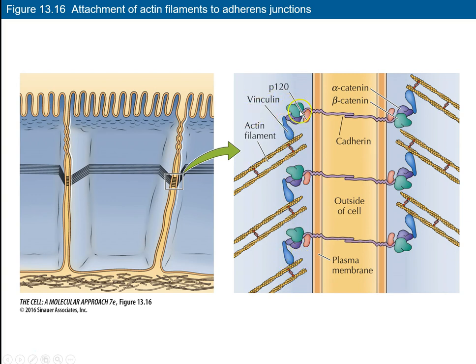Then you have a bunch of other actin-binding or associated proteins that link the actin cytoskeleton with a transmembrane protein, and also extend out into the extracellular matrix and bind to another transmembrane protein of another cell. So these are linked together, and these proteins link to the actin cytoskeleton of the other cell. That's how this happens. It's mainly due to the actin cytoskeleton and the associated proteins.